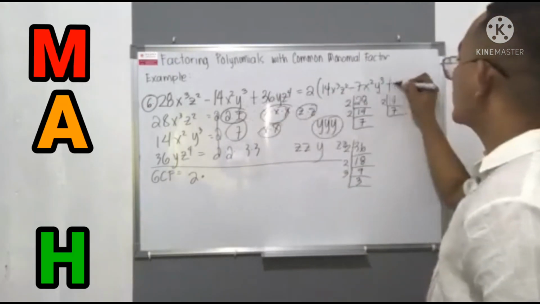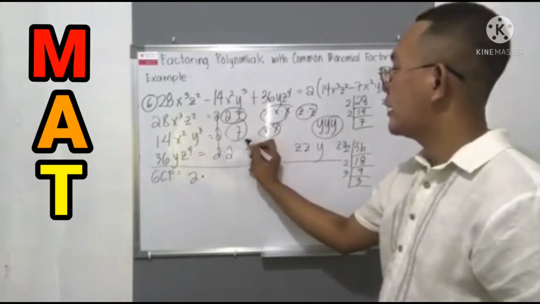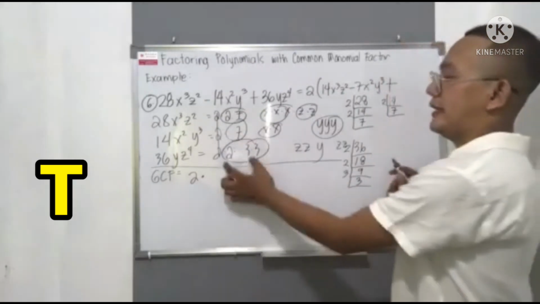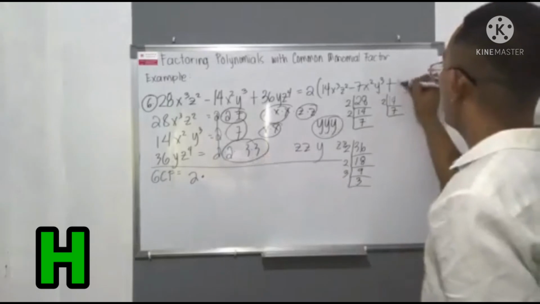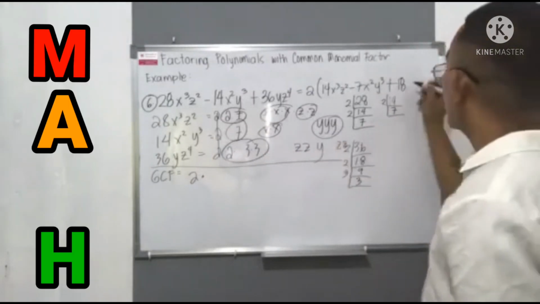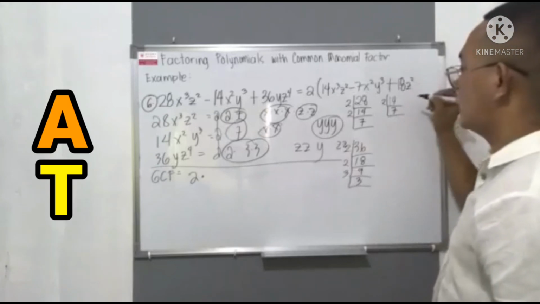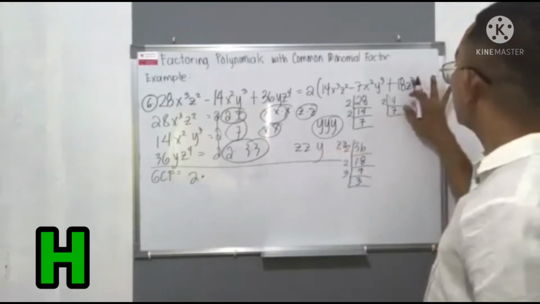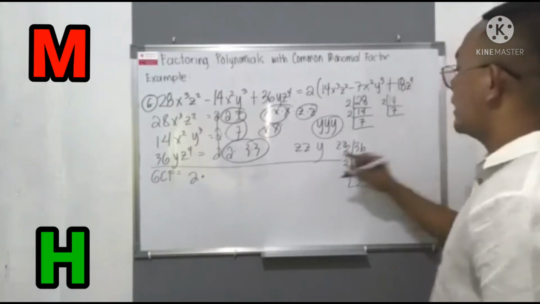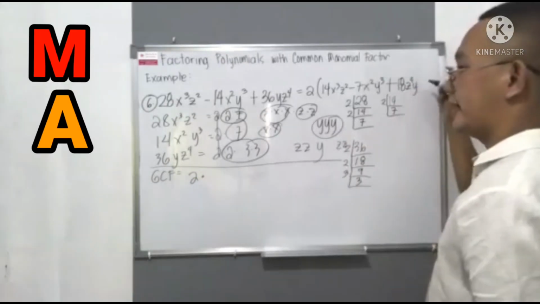Then, plus, so 2 times 3 times 3, 2 times 3 is 6 times 3 is 18. 18, z to the 4th pala siya, z to the 4th, and then y.